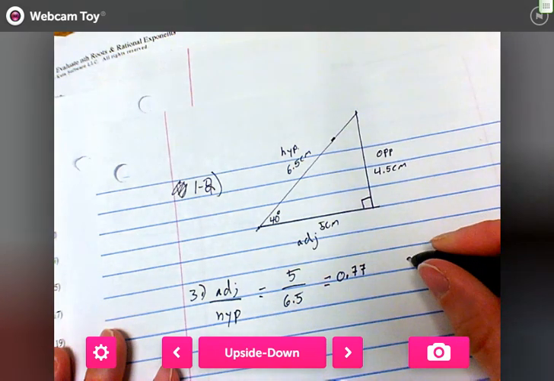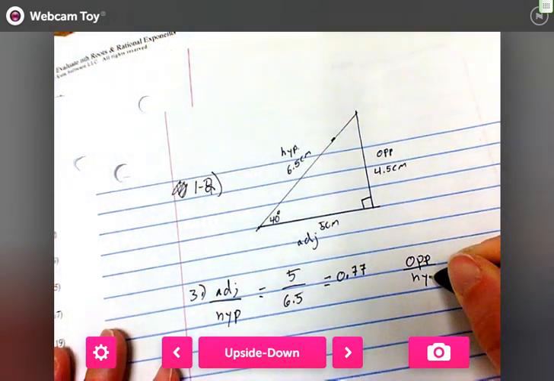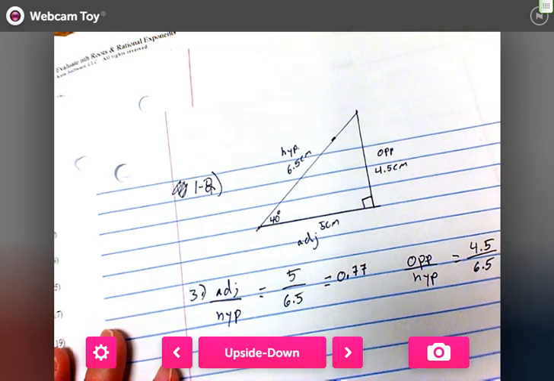Then I'm going to go to my opposite over my hypotenuse. So that's 4.5 over 6.5. That's going to give me 0.69.